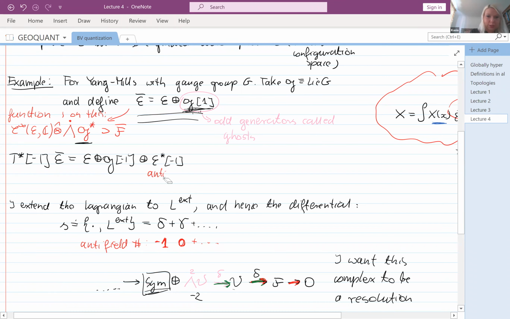Well, antifields are going to be everything to the right. And from the ghosts, I have G in degree 1. I don't know why I keep on writing -1 here. It should be 1. And then here I have G dual in degree -2. Okay. Apologies for that. So these are antifields.